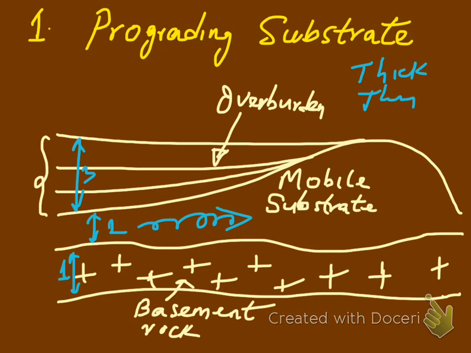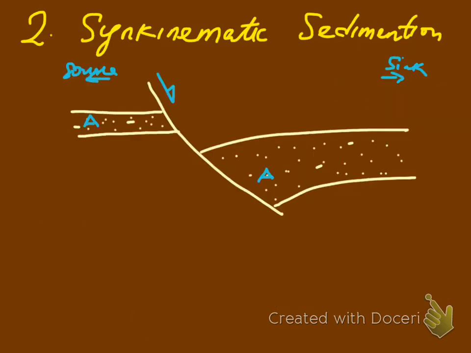So here what we see is that the growth, or the sediment wedging, of the overburden is being driven by the withdrawal or the movement in one direction of the underlying rock mass, in this case called the mobile substrate.